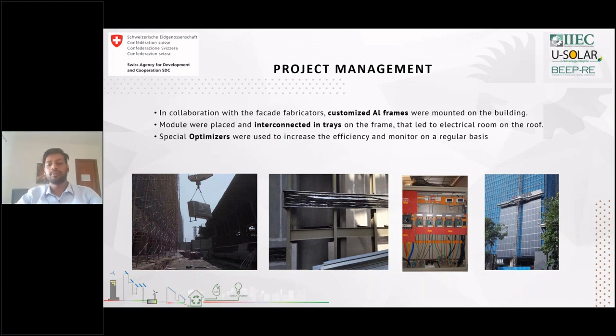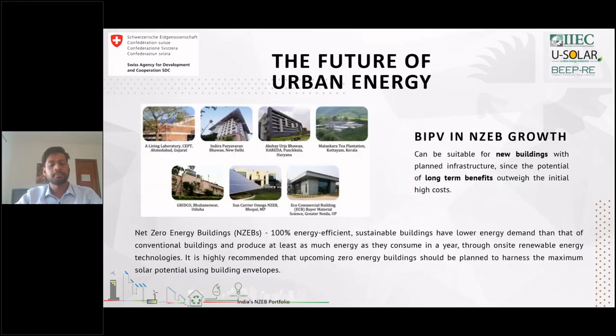During the lifetime of an installation, a few errors are going to occur. By making use of this optimizer technology, we are able to pinpoint the exact faulty modules, which can either be rectified or the modules can be replaced.